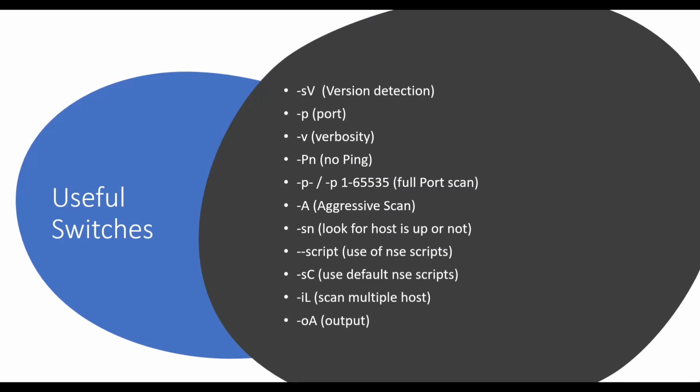And -p- lets you perform a full port scan, right? We will discuss all these switches when we start practically performing testing through nmap. So nmap was developed by Gordon Lyon, and it is written in Lua.